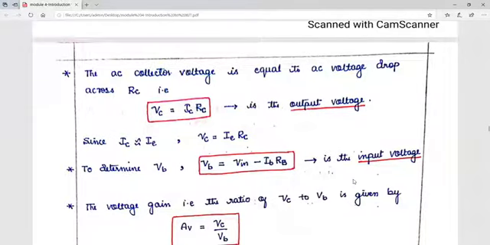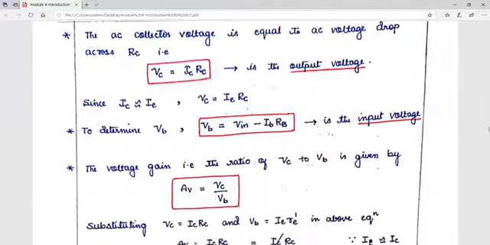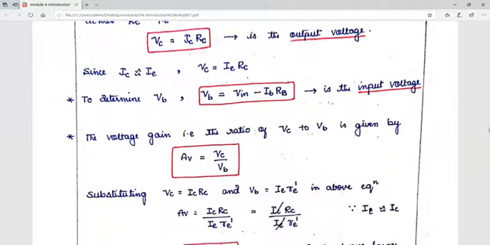Now we know that voltage gain is given by output voltage by input voltage, the ratio of VC to VB. So the voltage gain is the output voltage, that is your collector voltage, divided by the input voltage, which is your base voltage. We have already calculated that VC is equal to IC into RC, and VB is equal to IE into RE dash.